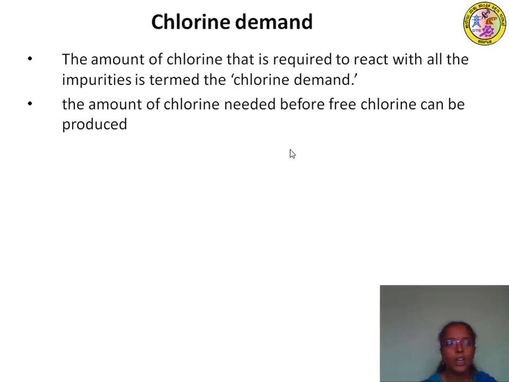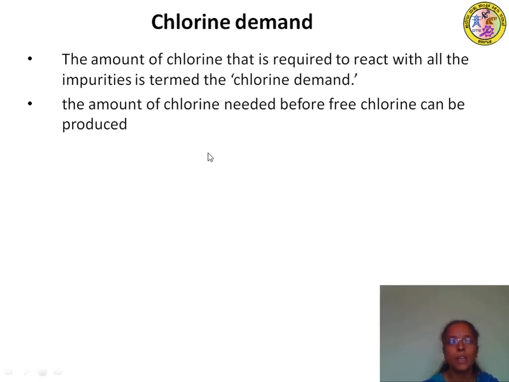It is also the amount of chlorine needed before free chlorine can be produced. So at breakpoint chlorination the demand is 0, that means the chlorine needed for reaction with impurities will be 0. And beyond the breakpoint chlorination, free chlorine is produced.